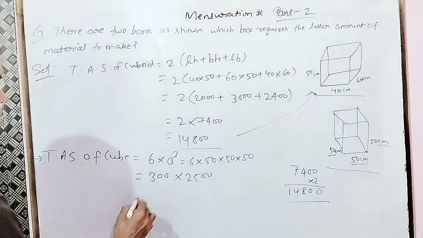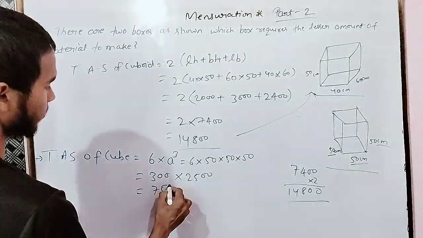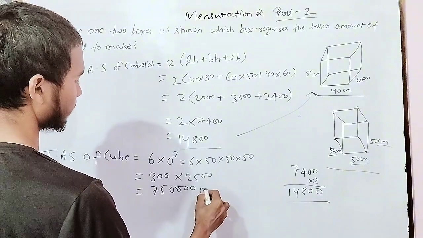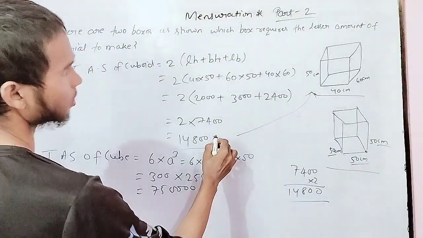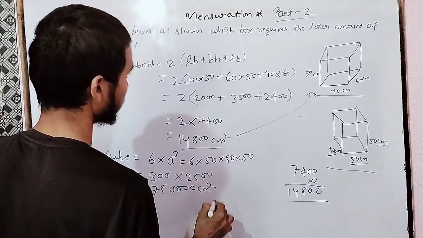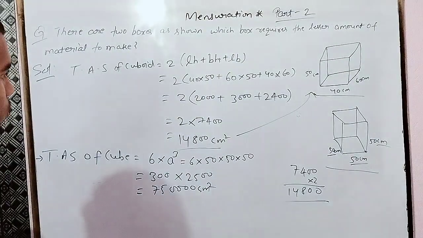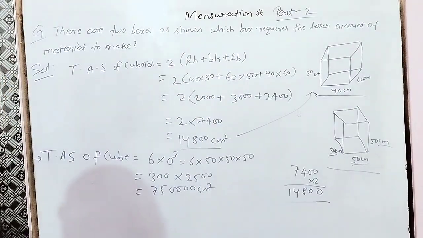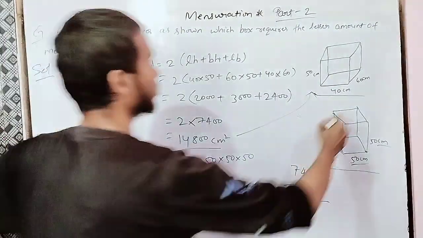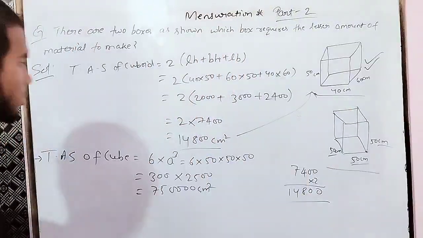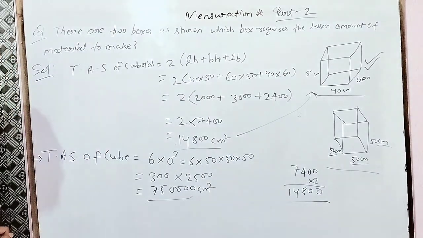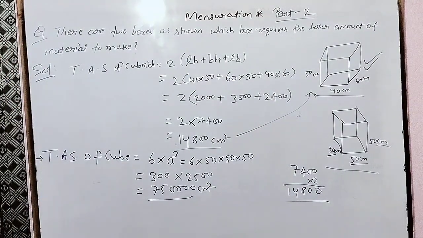This is in square centimeters. So which will take less amount? Cuboid. This cuboid, because its total surface area is less than the total surface area of the cube.